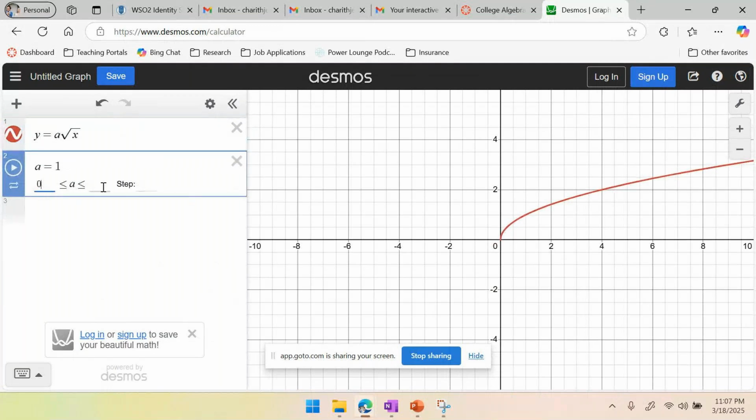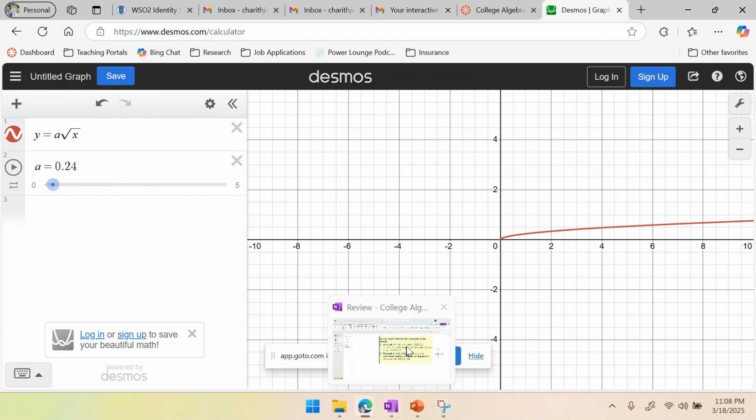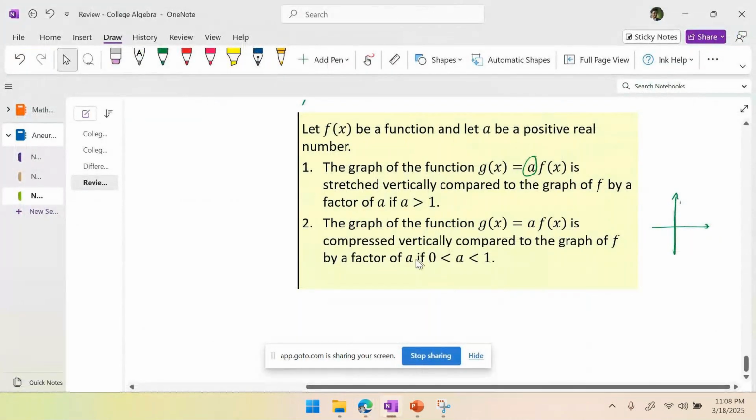Here I start with 0 up to 5, and you can give a step size, let's say 0.01. So you can move the slider. Okay, see what happens to the graph when you increase the value. See, it stretched along the y-axis. Just consider you hold the graph from here and move it upwards. That's why it stretched along the y-axis. And if you decrease the value, it compresses along the y direction. That's the meaning of stretching and compressing.